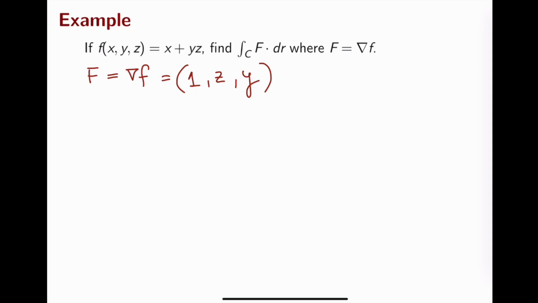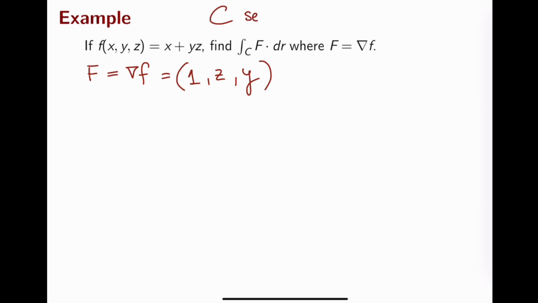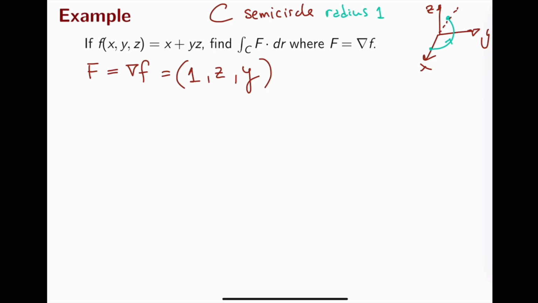So in this case, we are going to consider the curve C to be a semicircle in the xy plane, of radius 1, that goes from here to here. Okay, so we have two ways to calculate this integral.